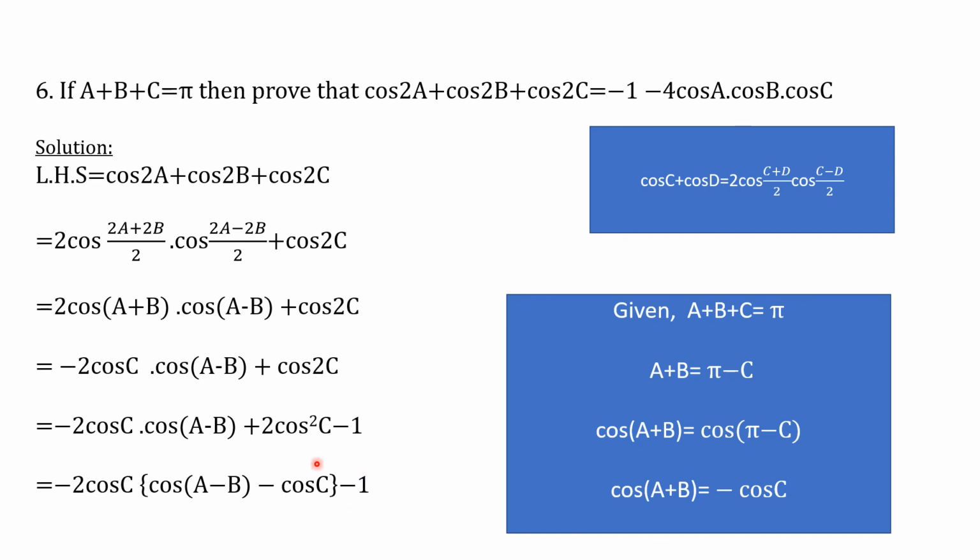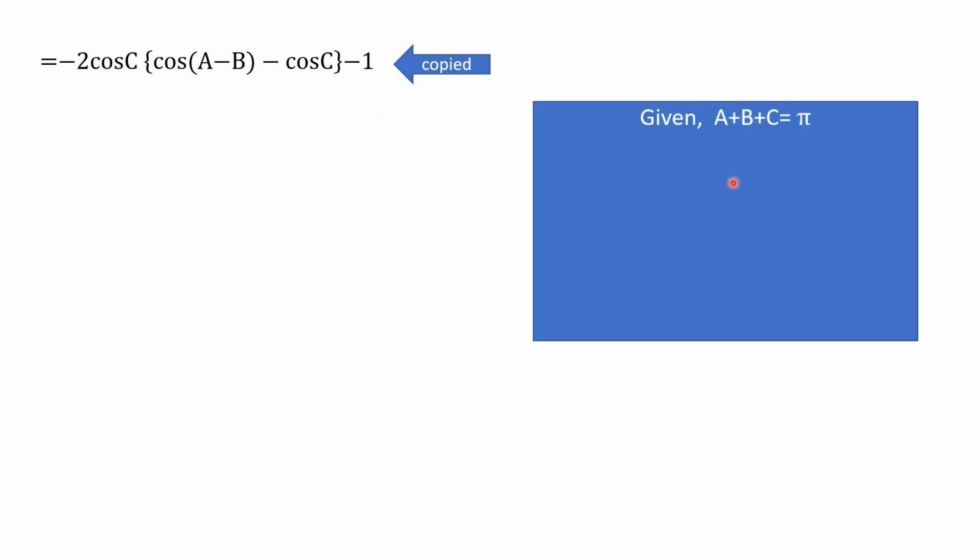In next page I will copy this line again as it is to avoid confusion. So as said, this line is copied as it is. Now again we are given a plus b plus c is equal to pi. It means a plus b is equal to pi minus c. Then we will operate cos on both the sides, and we know cos (pi minus c) is minus cos c.